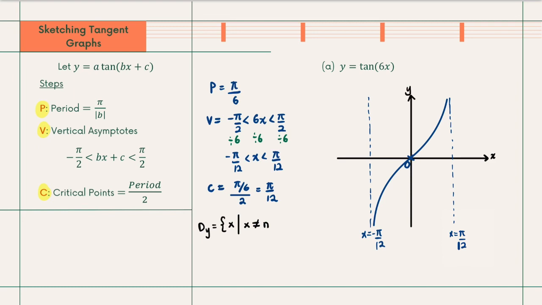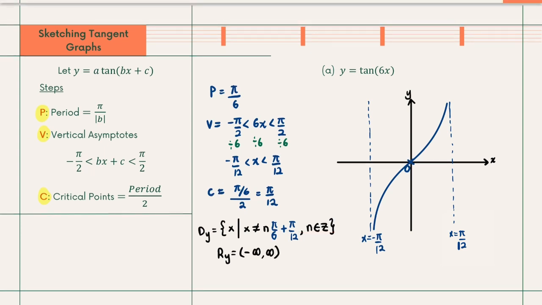Period kita adalah pi over 6 plus dengan vertical asymptote kita yang bahagian kanan ini which is pi over 12, where our n is the element of integers. So ini adalah domain kita. Lepas tu kita boleh cari dia punya range. Range sama je lah, negative infinity until infinity.